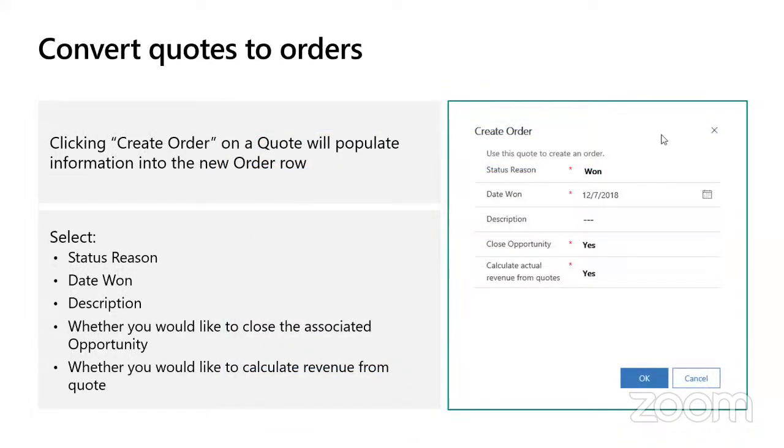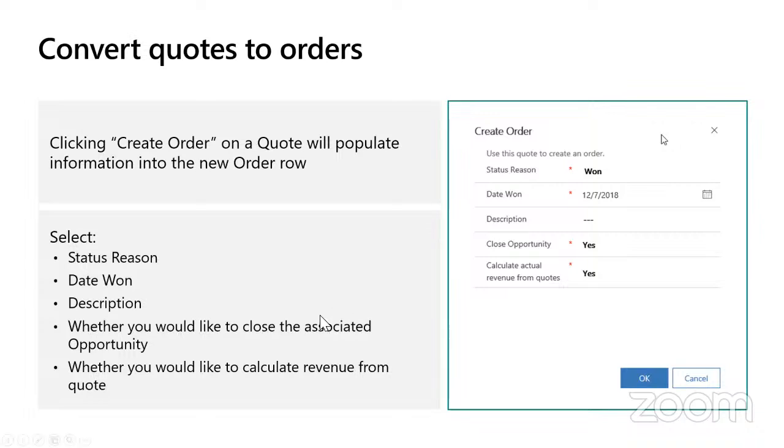So if we take a step back, when we are looking at quotes, at that point we've created a quote which is going to go to our client. At times, if you work with other systems, you then have to go on and create an order separately from that quote.